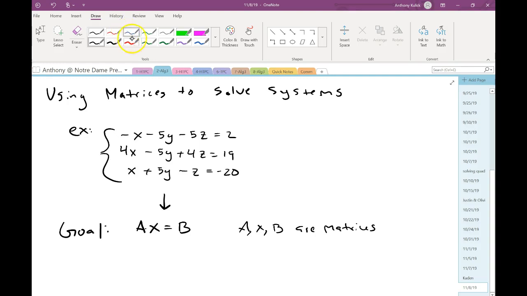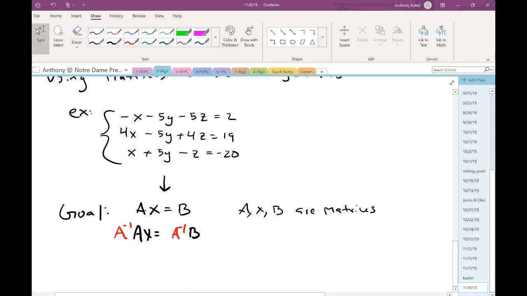Now, if I get something that looks like this, what I can do to solve for that matrix variable X is multiply on the left to both sides A inverse, because I know that A inverse times A is going to give me what?